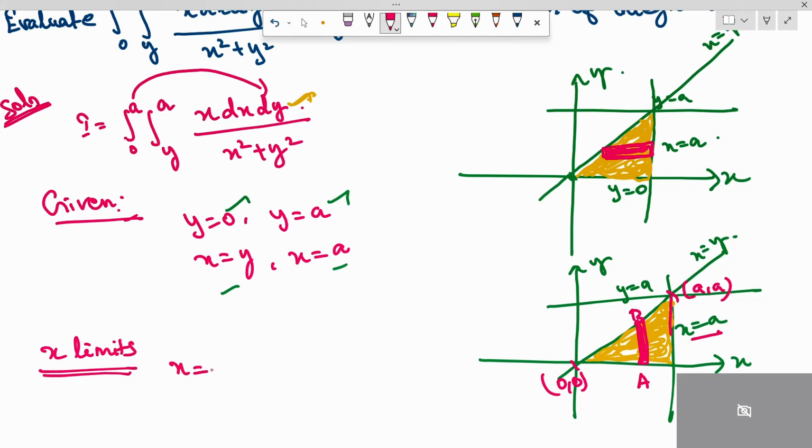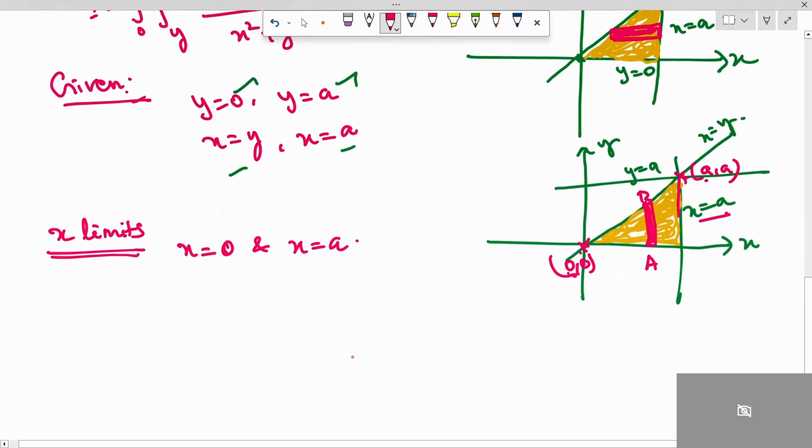The strip starts from the origin, 0 comma 0, and goes to the point a comma a, moving along the x axis. At the origin the x value is 0, and at this point the x value is a. We have to take x is equal to 0 and x is equal to a.